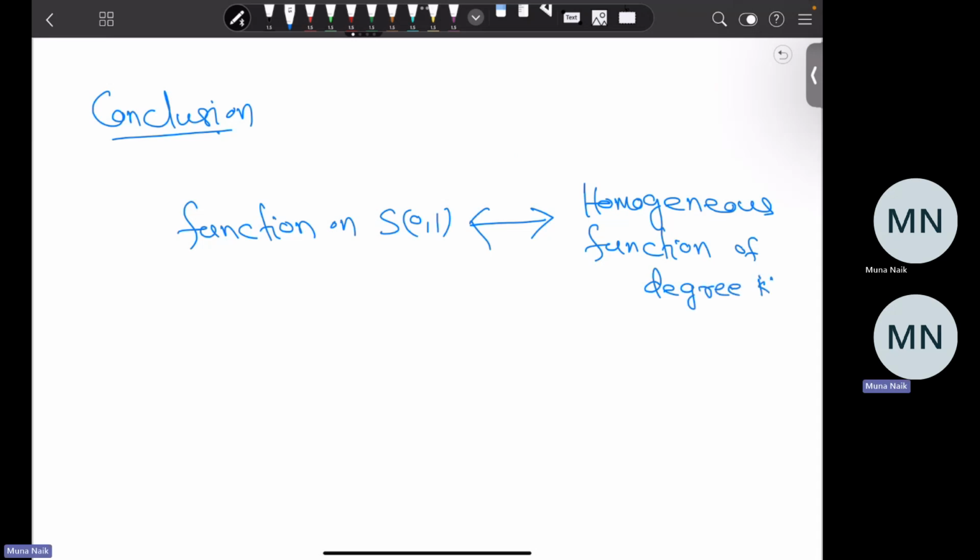So what is the correspondence? If you take this f here, you can restrict it just to S01. This is the map.